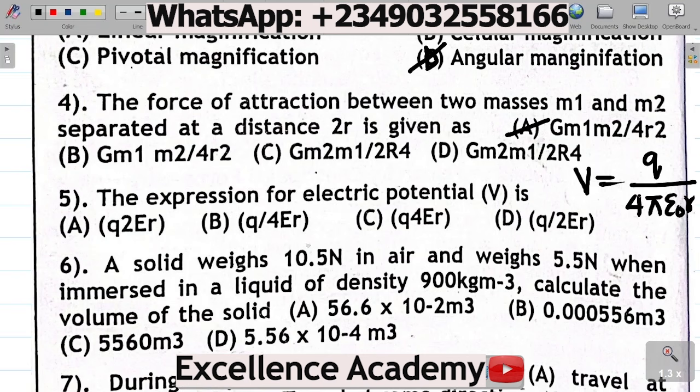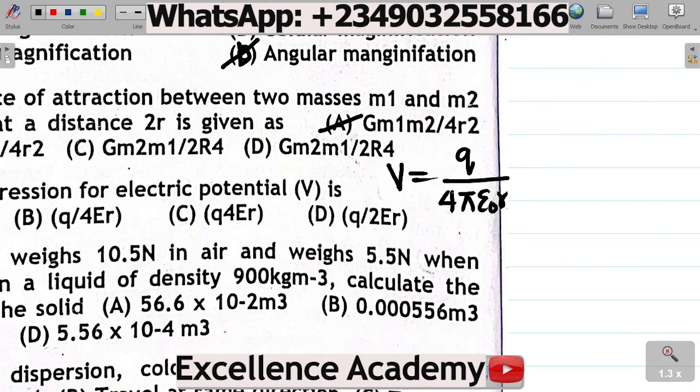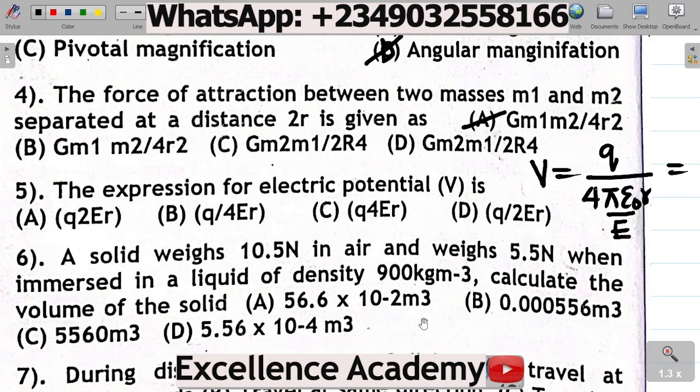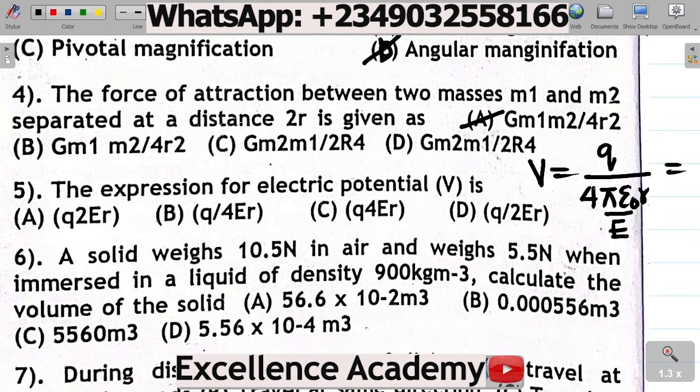Now, if you compare this with what we have here, this 4 pi E naught, in an exam scenario, can also be written as capital E here. So this will become Q all over 4ER. So let's see which option matches this. Q all over 4ER. That is option B. So option B is the correct answer.